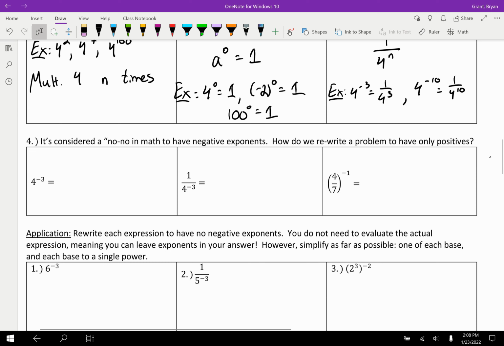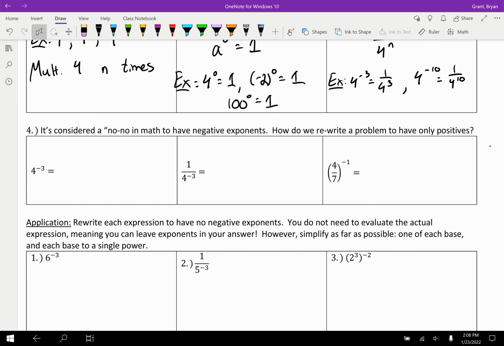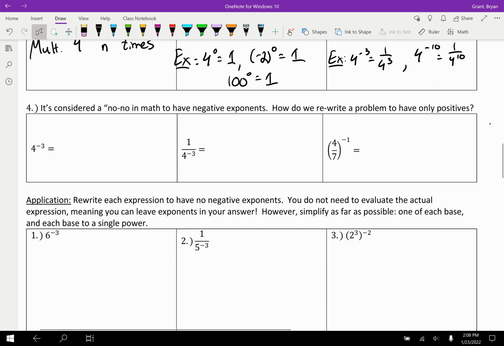So, for example, in math, it's considered a no-no to have negative exponents in your answer. And so, what students have had to do forever, and including now, is we do need to be able to rewrite these negative exponents as positive versions that give the same answer. And we already know how to do some of them. For example, 4 to the negative third we know is 1 over 4 to the positive third.